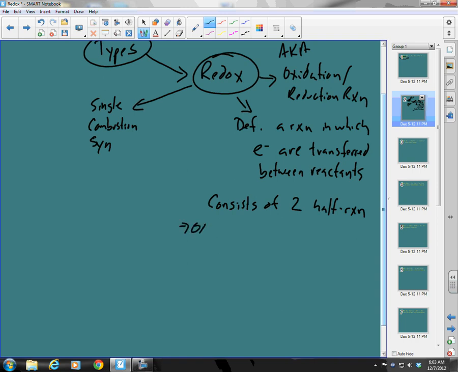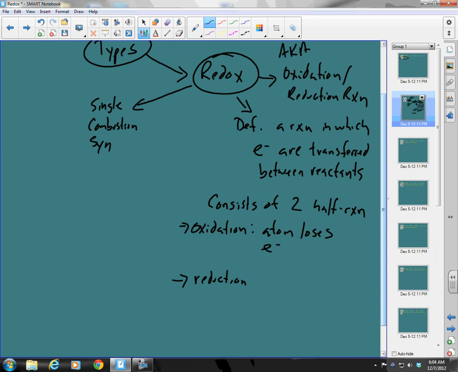An oxidation half reaction and a reduction half reaction. In an oxidation half reaction, an atom in the reactants loses electrons.